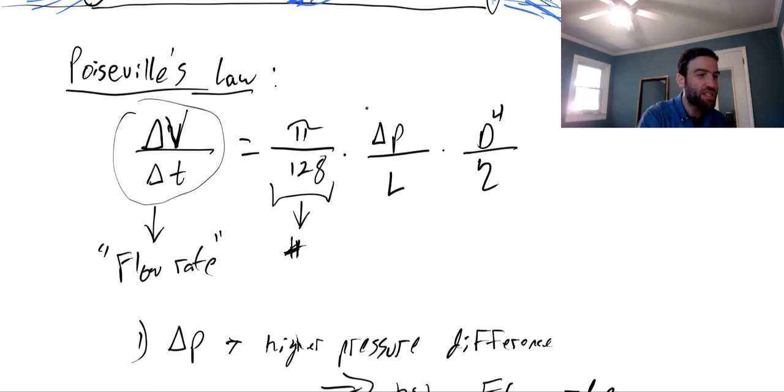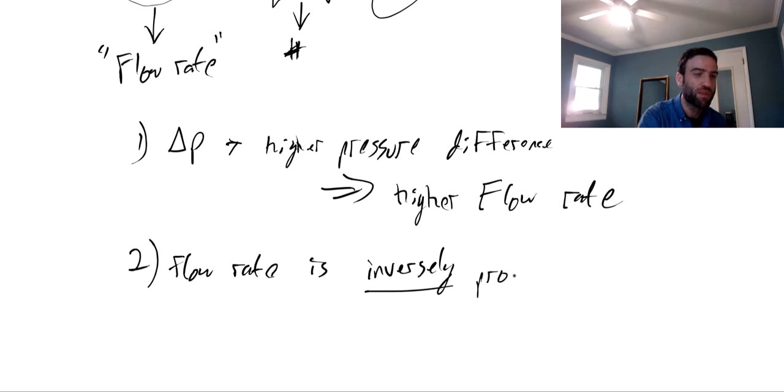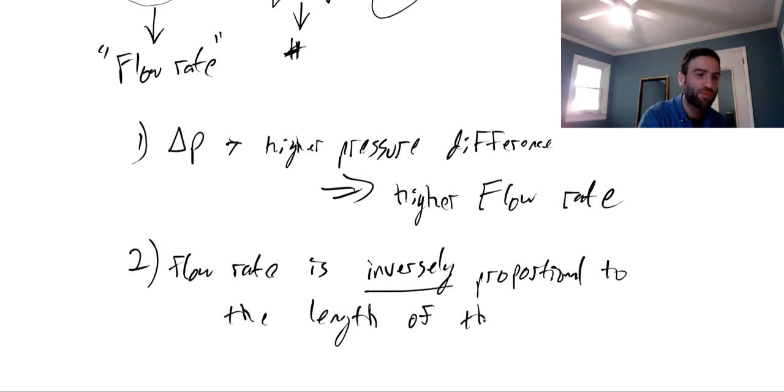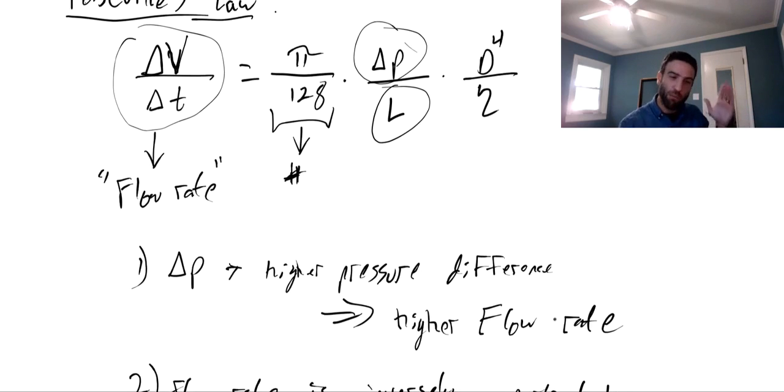Okay, the next piece that I want to talk about. Next, let's have this flow rate. Flow rate is inversely proportional to the length of the pipe. So actually, if you have the same pressure gradient, you've got a pump that's able to supply the same maximum pressure, and you just make your garden hose longer and longer, the flow rate at the end of the garden hose will be less, and it will be less by an amount inversely proportional to the length of the hose.